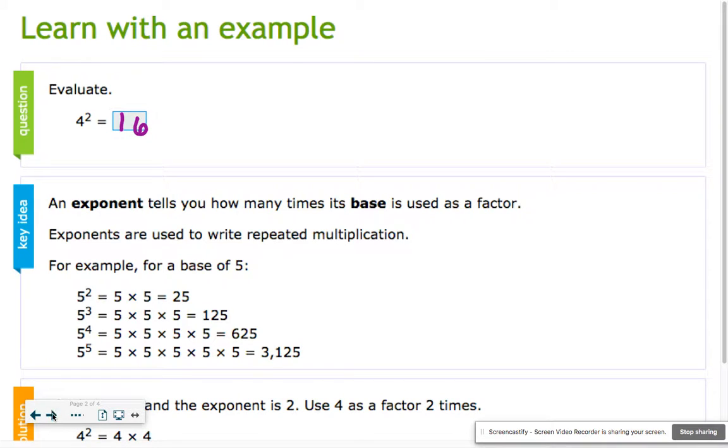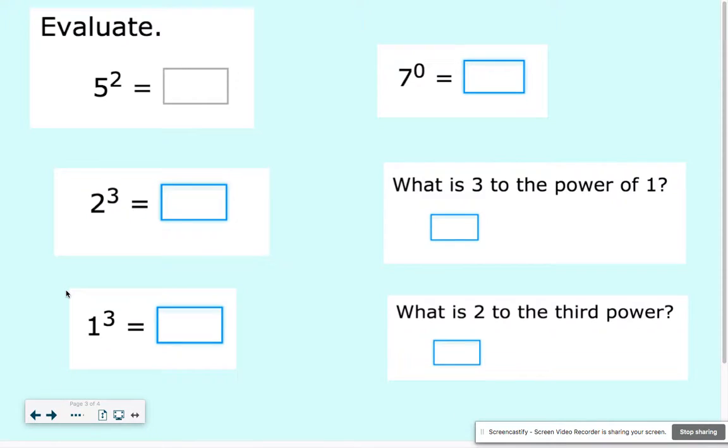We're going to try some more examples. First one up here, 5 squared. Now remember, 5 squared means that we are taking the base number of 5 and multiplying it the number of times that we see the little number, the exponent. So we're doing 5 times 5. 5 times 5 is 25.